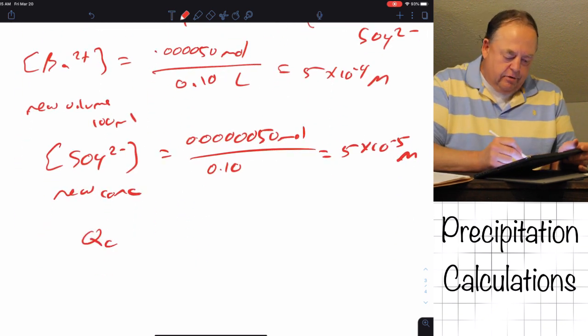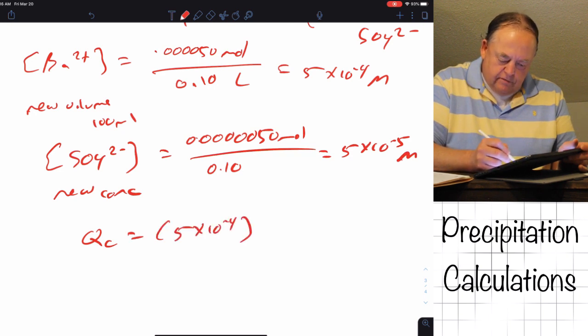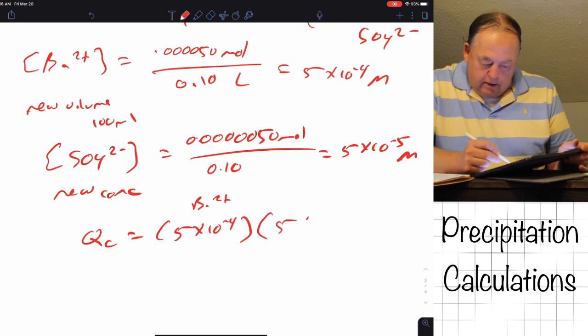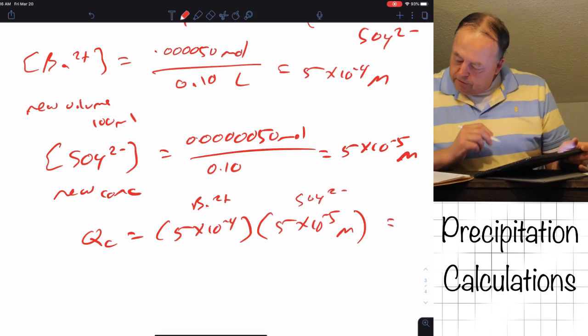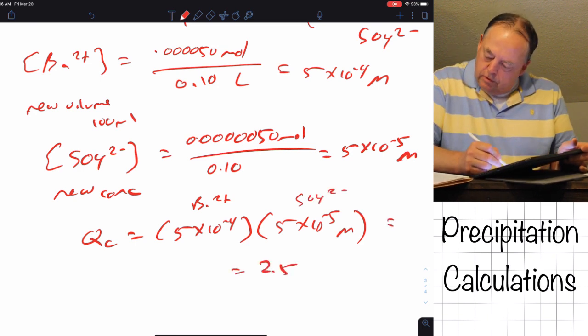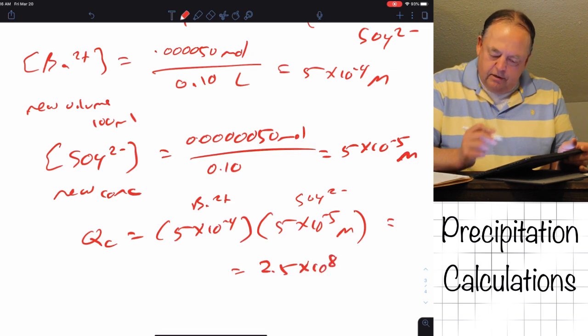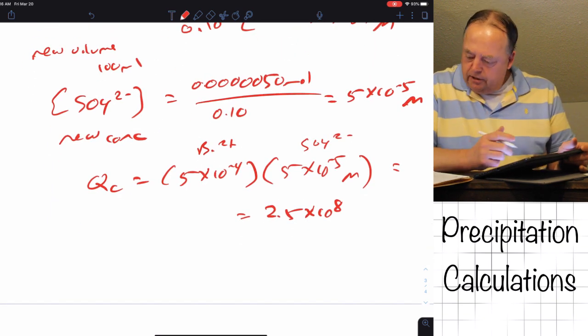And now calculate QC. So 5 times 10 to the minus 4 molar for barium, and 5 times 10 to the minus 5 molar for sulfate. So QC is equal to 2.5 times 10 to the minus 8, and then compare QC to KSP.